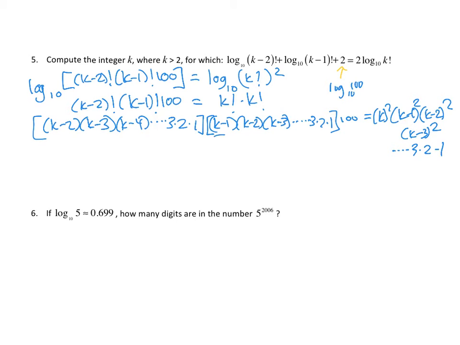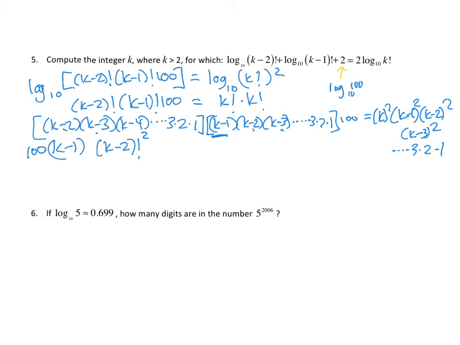So I've got this k minus 1, which only occurs once here on the left. And I also have the 100, which only occurs once. But then I've got k minus 2, k minus 2, k minus 3, k minus 3, all the way down to 3, 2, 1. So I actually have 100 times (k minus 1) times (k minus 2) factorial squared, right?